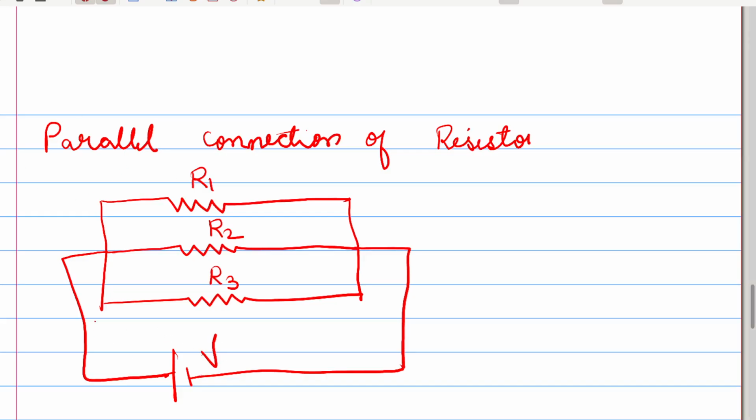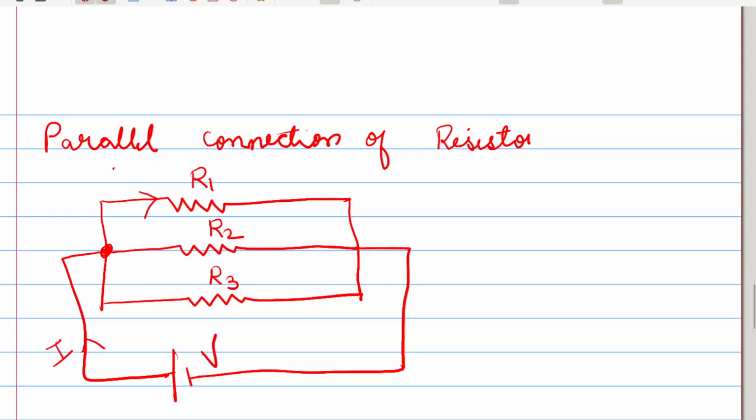Now, since the circuit is closed, let us say current I flows through the circuit. But at this point, we can say the current is dividing into three parts.